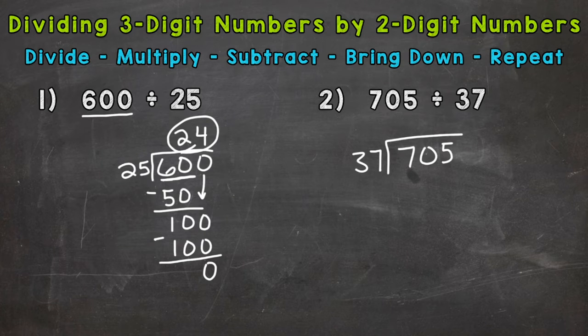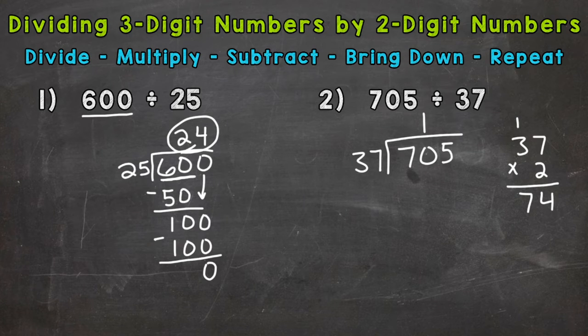Well, I know 40 times 2 is 80. That's kind of close to 70. Why don't we try 37 times 2 to get us started here and see how close we get. 37 times 2 gives us 74. Pretty close, but we went over, so we can't pull 2 whole groups of 37 out of 70. We can only pull 1.